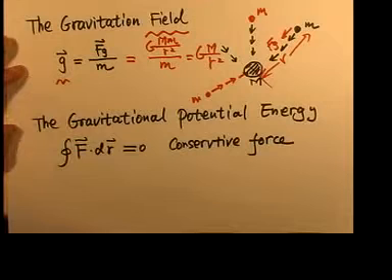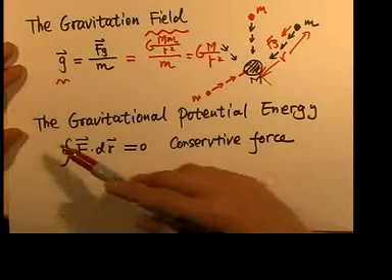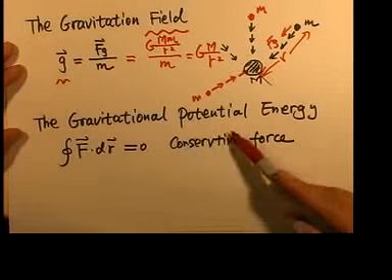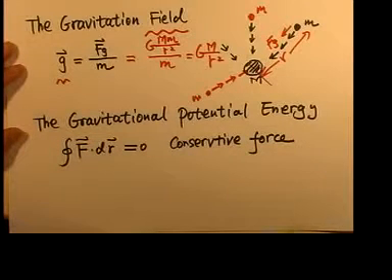However, the very useful thing mathematically that we're going to learn next is gravitational potential energy. Now, we learned from the previous chapter that a potential energy should connect to a conservative force.